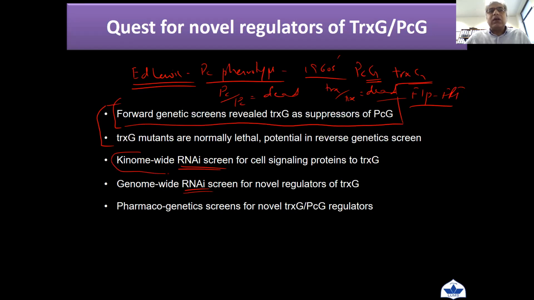All the kinases, all the cell signaling proteins or potential cell signaling proteins we used, and we knocked them down one by one in a high throughput assay, or we knocked down all the genes in fly, and we looked at regulation of trithorax. So we started screening for trithorax group regulators.